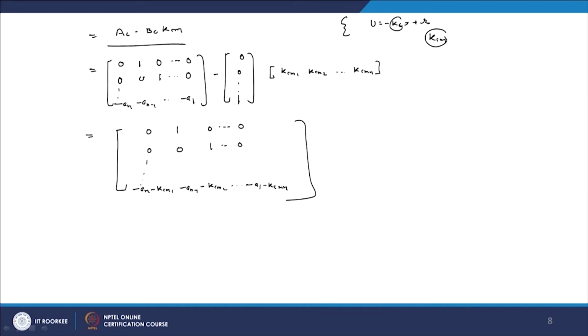This result we have got after multiplying BC with KCM and subtracting it from the original AC matrix.